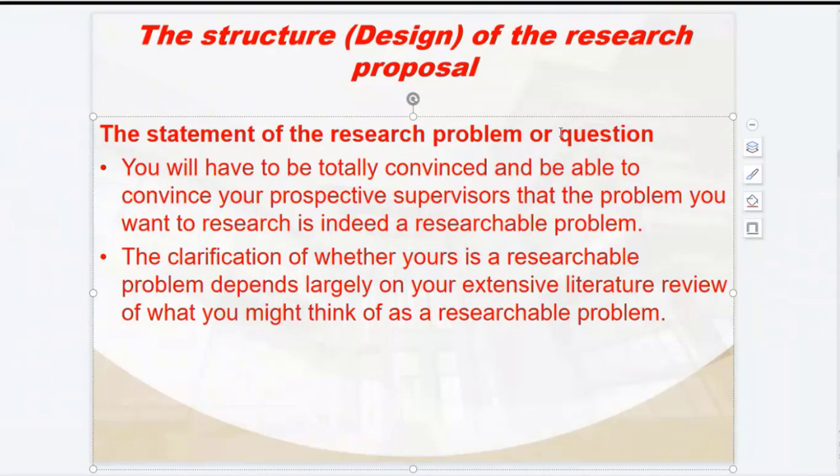So preliminary literature review is very, very important because it makes us understand the topic, if indeed it is a problem, and this will assist us to convince our supervisors that this topic is indeed researchable. Let me look at what the statement of problem was under this topic.